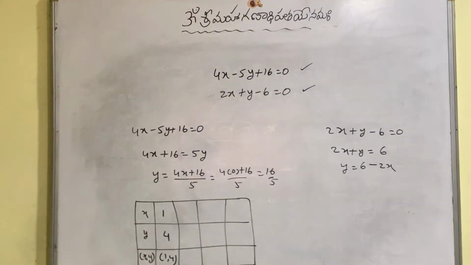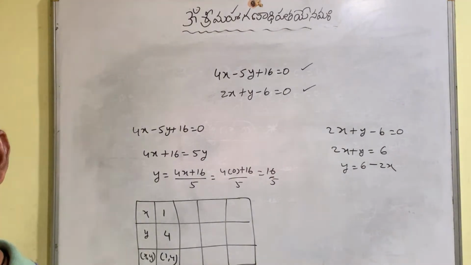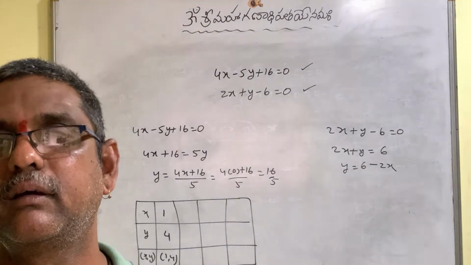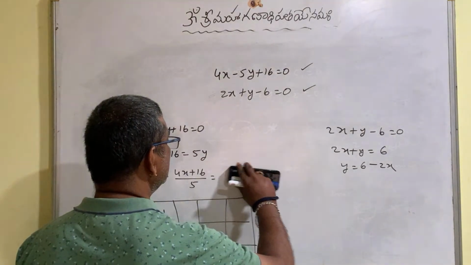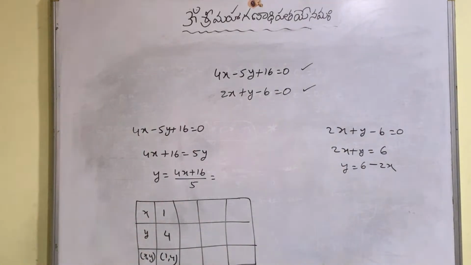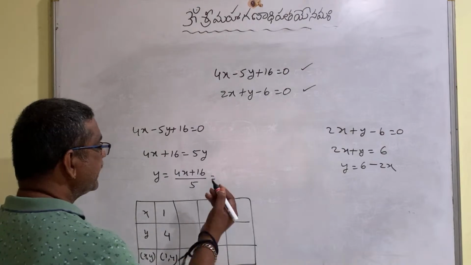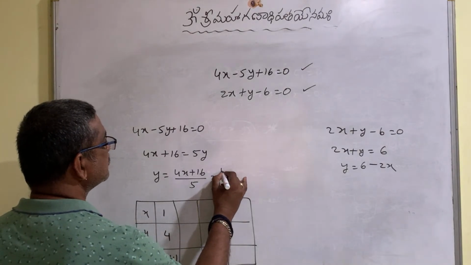Then you cannot plot 16 by 5 in the graph. Is that understood? Don't give such values. That's why I told you like that. Now give 6.